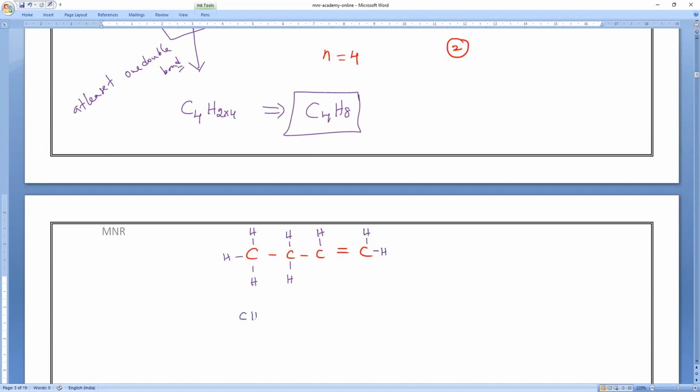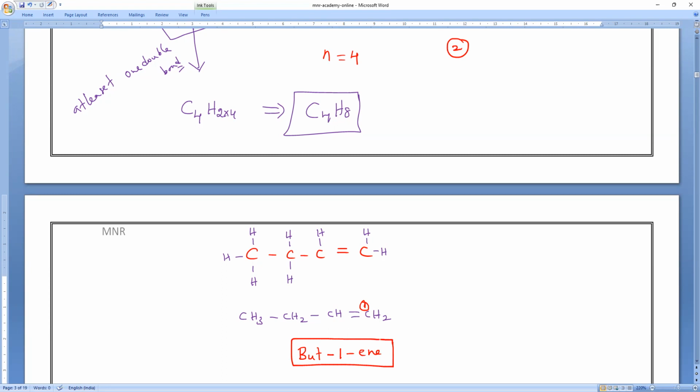So CH3 single bond CH2 single bond CH double bond CH2. Am I right, everybody? The double bond is at the first and second carbon, so this is but-1-ene, the first isomer.